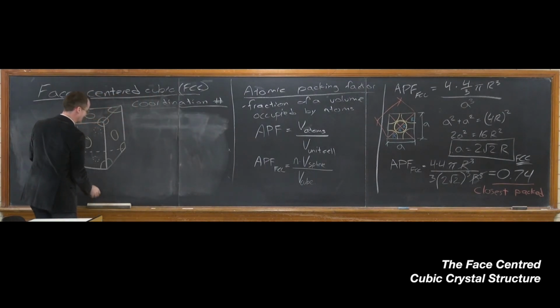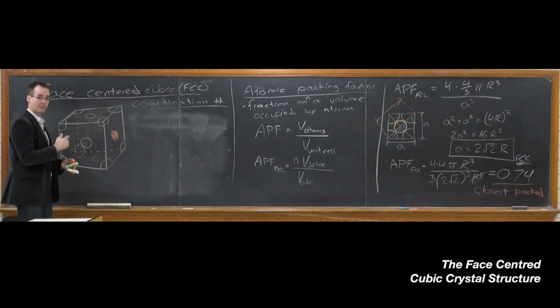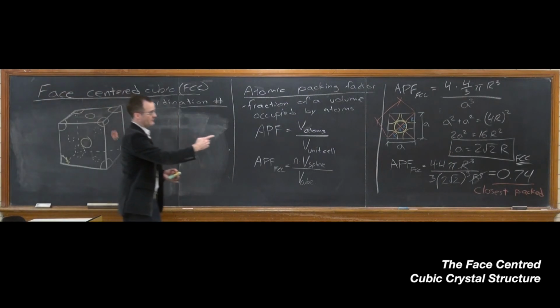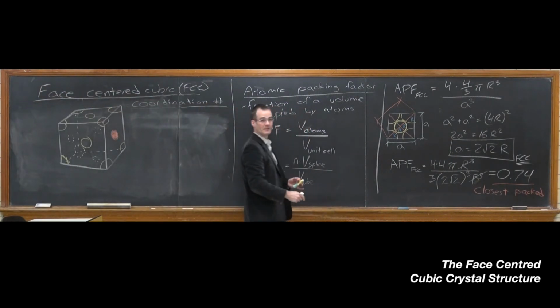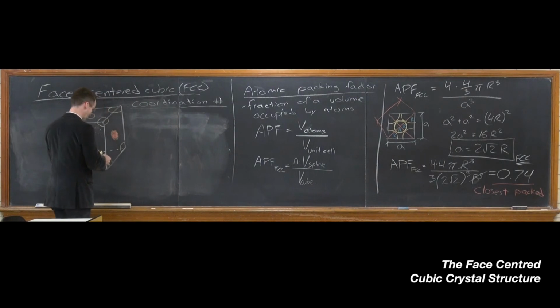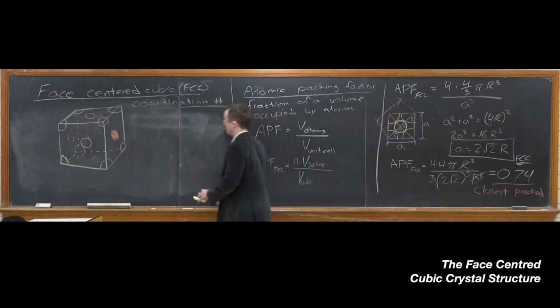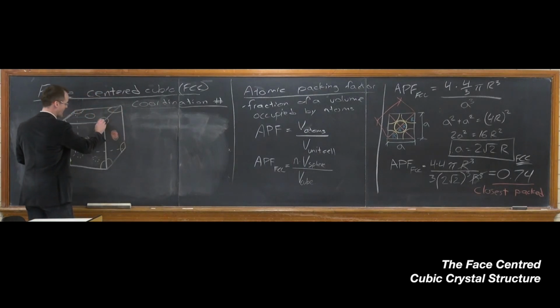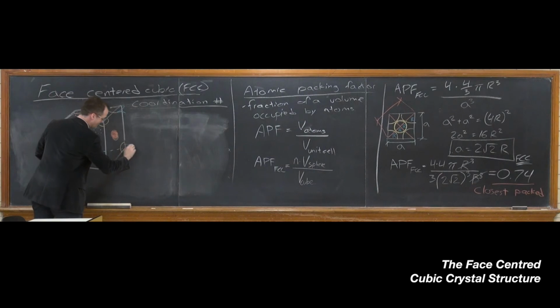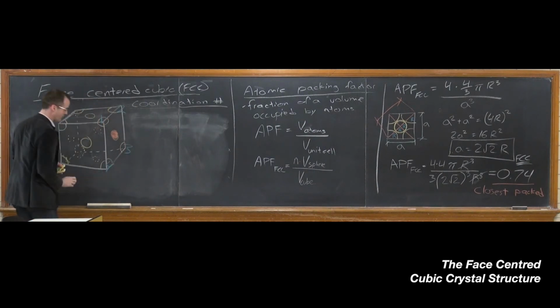I find that the easiest atom to start with is this right side face-centered atom. So we're going to see how many atoms are touching that right side face-centered atom. Well, you know from this figure over here that on each of the faces, the central atom touches the four corners. So we would have this atom here, 1, this atom 2, this one 3, and this one 4.